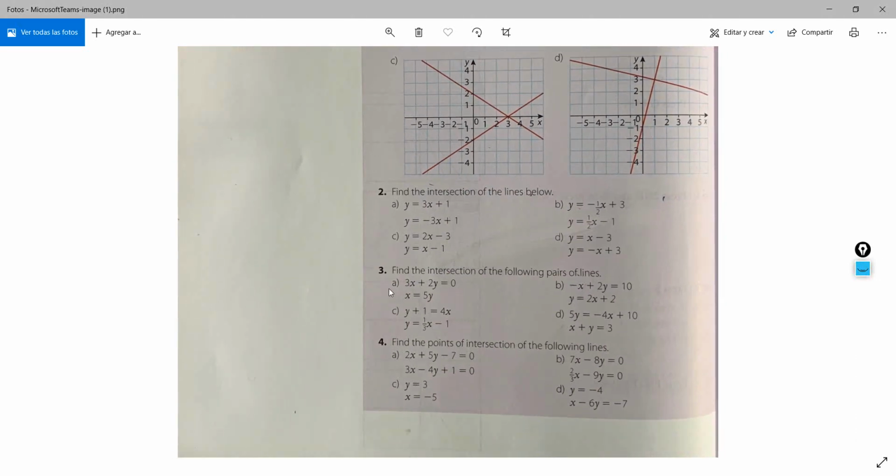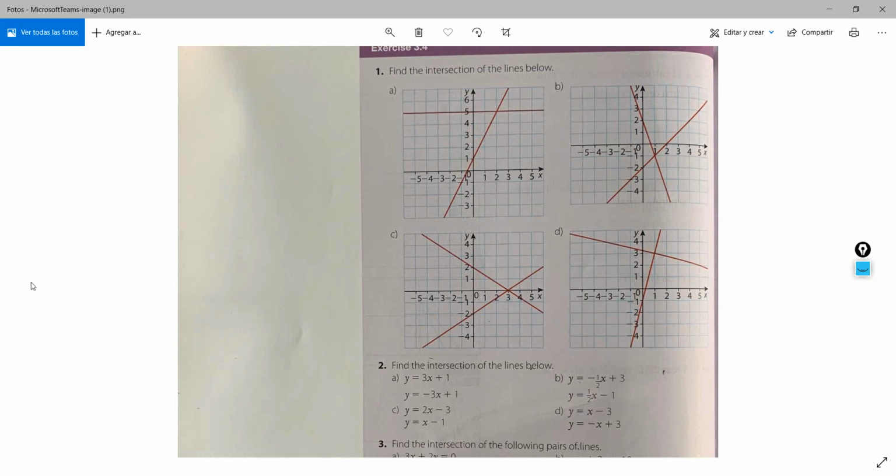And exercise 3 is very similar to what I did a moment ago. It says find the intersection of the following pairs of lines. So each of these equations is being represented by a line, and basically all they want you to do is get the solution of this system of equations and represent it graphically, just like I did in this lesson.